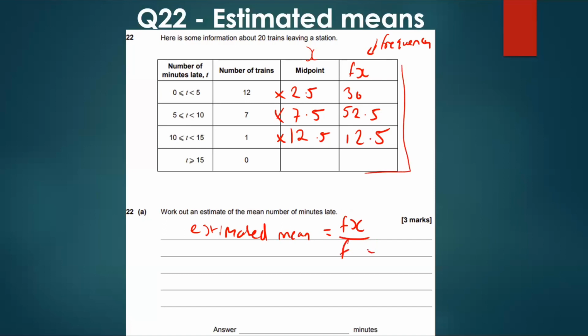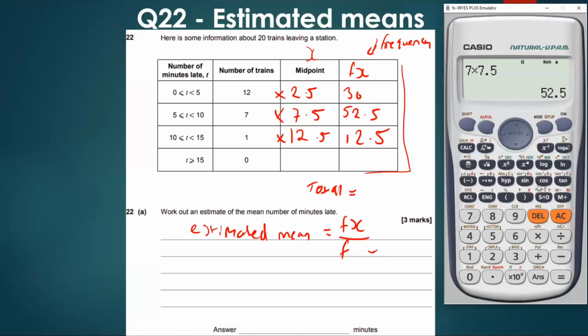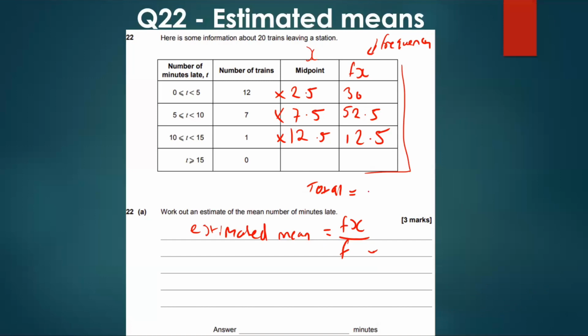Adding up the total fx: 30 plus 52.5 plus 12.5 gives me an answer of 95. So my total is equal to 95.